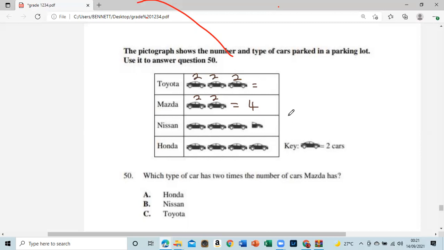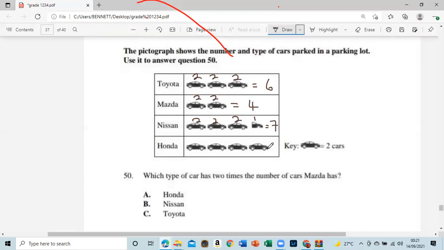One symbol equals 2 cars. So these are 6 cars, 2 plus 2 plus 2 and so on. Then 7. And 2 times it would be 2, 2, 2, 2, which is equal to 8. So 8 is double. So we know it is the Honda.